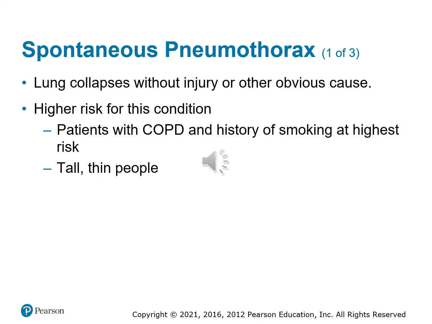It's the same disease that Abraham Lincoln had, but these spontaneous pneumothoraxes, they just kind of happen, and we also see this at risk in patients who have COPD or a history of smoking, where we've got damage to the lung tissue from a chronic type of condition or activity.